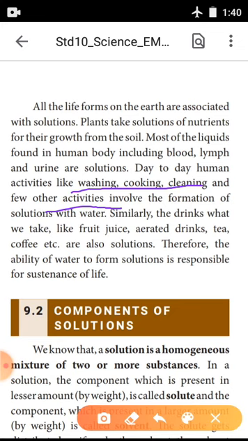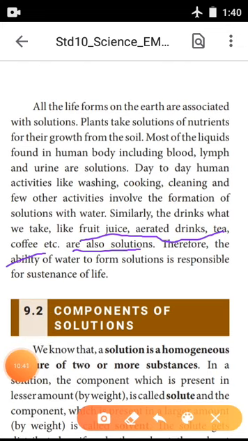Soap is dissolved in water, we can get one of the solutions. And drink items, for example, fruit juice, aerated drinks, tea, coffee, these are also solutions. Aerated drinks means, for example, 7-Up, Sprite, Coke, these are aerated drinks because they release carbon dioxide gas.